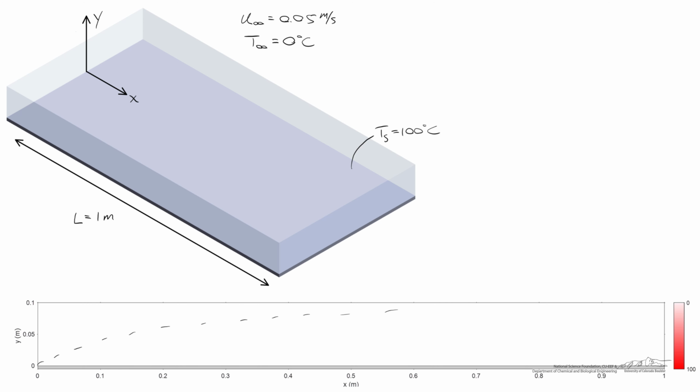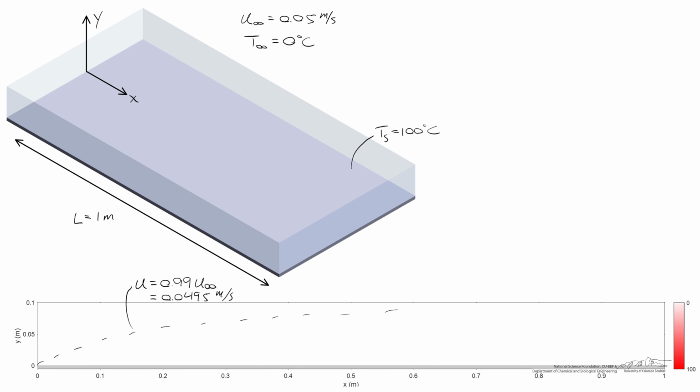It'll be more obvious when I show the graphs, but recall from fluid mechanics that the definition of the boundary layer is a location where u, the horizontal component of the fluid velocity, is equal to 99% of u infinity. So in our case, 99% of 0.05 meters per second is equal to 0.0495 meters per second.